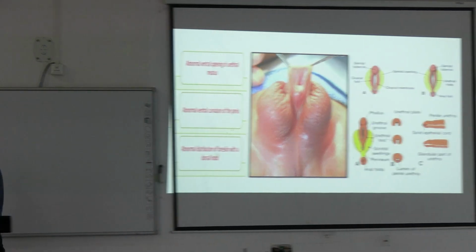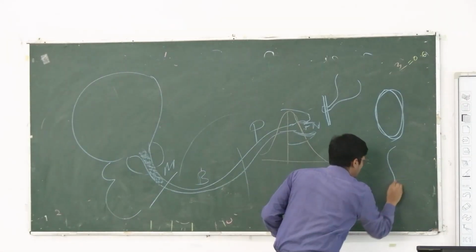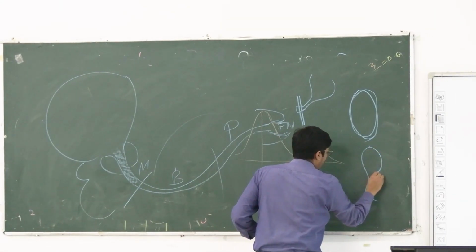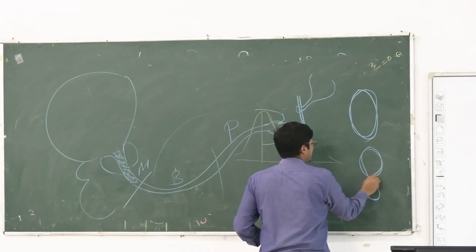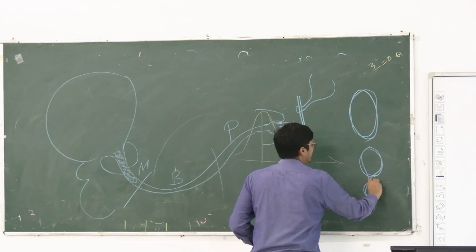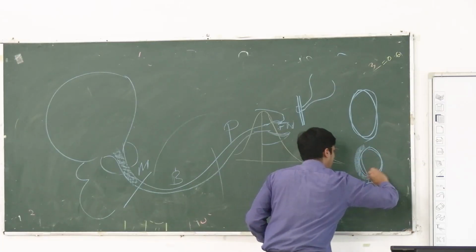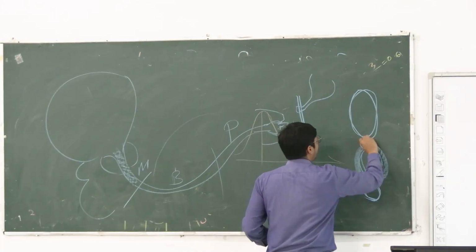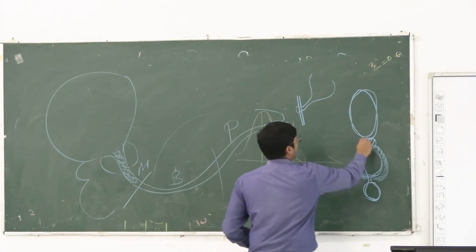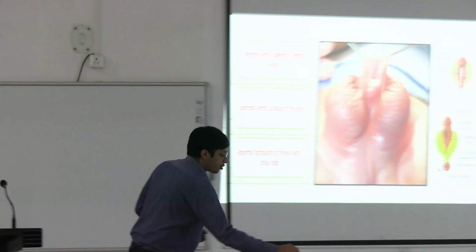This entire cloacal fold eventually splits into two; this creates the urinary opening and this creates the anal orifice. So, surrounding this urinary opening is the urethral fold, and at the top of this is the genital tubercle.